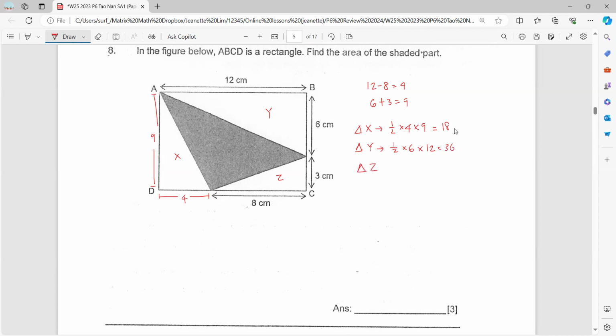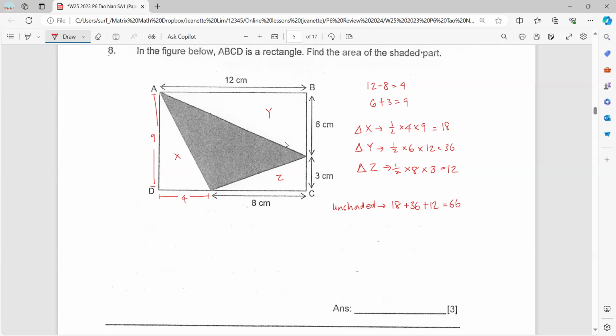And lastly, triangle Z, which is half times 8 times 3, which is 12. Now, let's add them up first, X, Y, and Z. That's the total unshaded. 18, 36, and 12, which is 66 square cm.